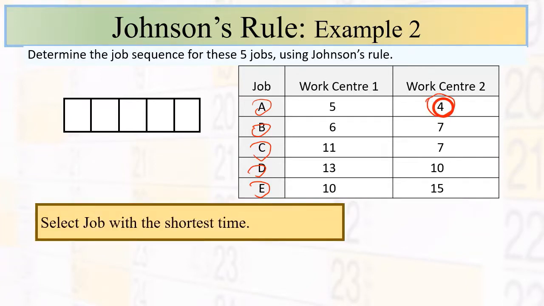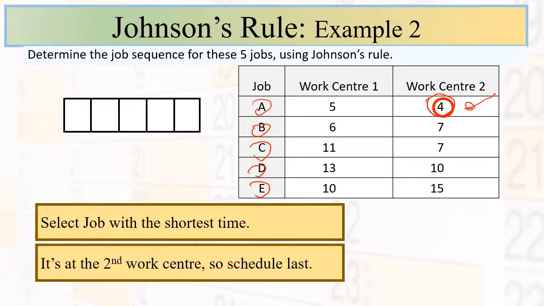And because it happens in the second work center, we're going to schedule it last. So we're going to schedule job A last because the lowest number happens to be in the second work center. We're going to cross out this job because we've already scheduled it.